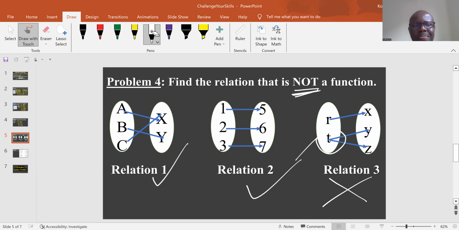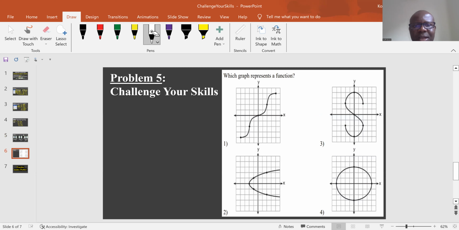The last problem, problem 5, which is a challenge question. Yeah, you can pause the video to answer this question before you continue. This time we have 4 graphs, and we want to know which graph represents a function. There is something called a vertical line test.